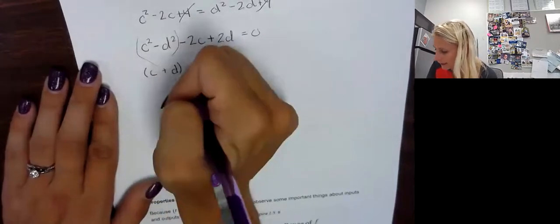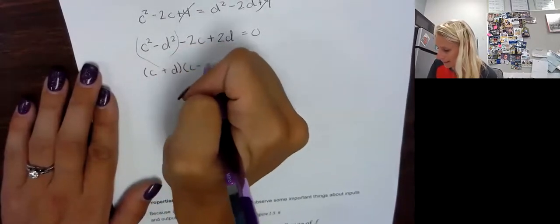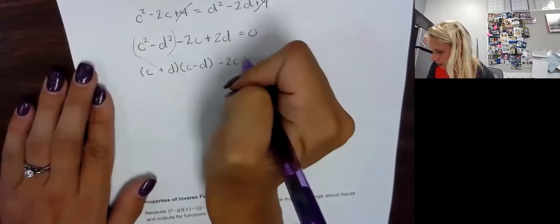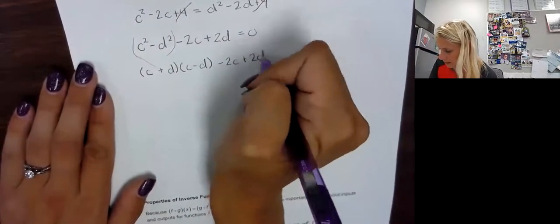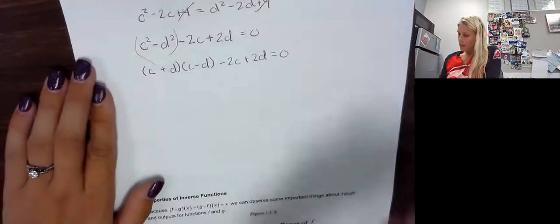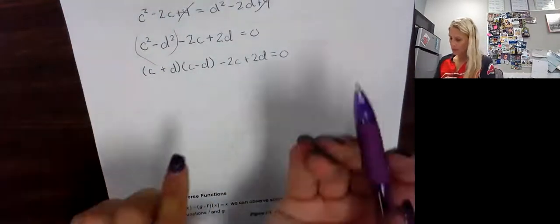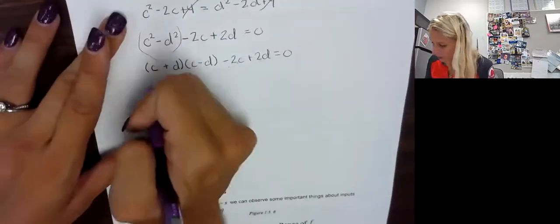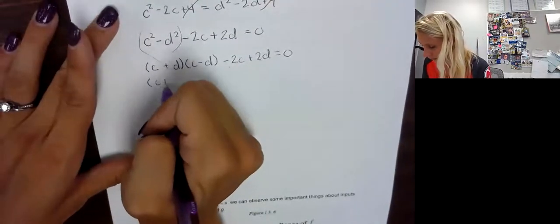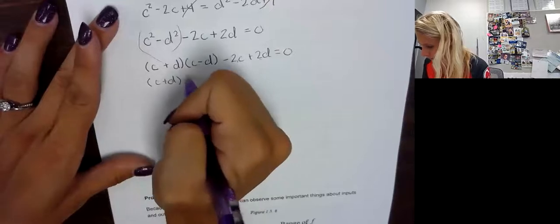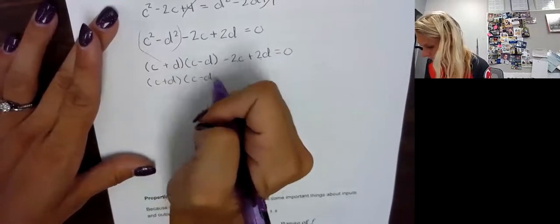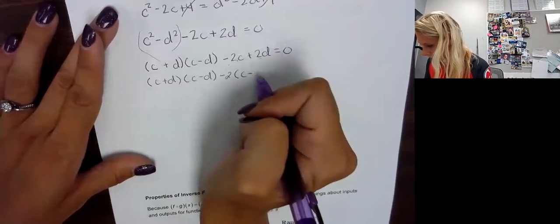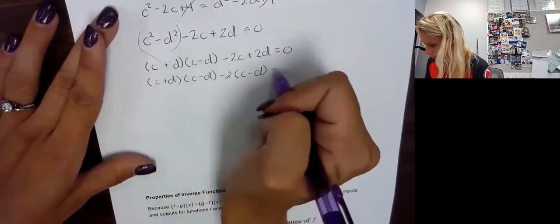So we have c plus d times c minus d. And then we have this minus 2c plus 2d equals 0. The other thing we can do now is we can take out a negative 2. So let me write that again. c plus d times c minus d minus 2 times c minus d equals 0.